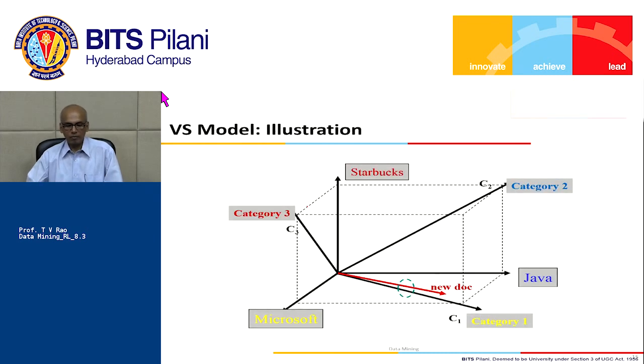For example, here we are looking at 3 terms, and for each one of them we are treating them as a different dimension. So essentially it is going to be a hypercube with a large number of dimensions, and we are going to fit each document within some hyperplane representing these dimensions.